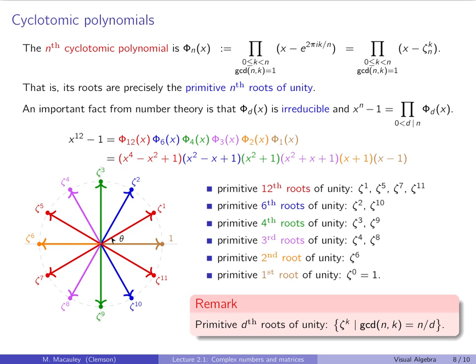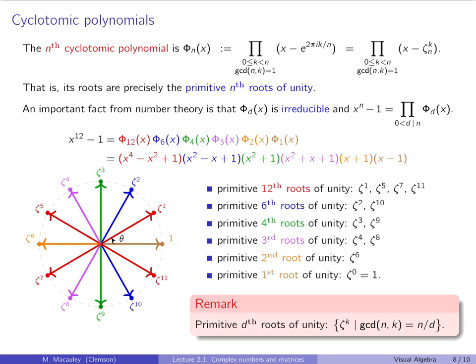So let's take x to the 12 minus 1. This number theory fact, which we're not going to prove here, but we will eventually near the end of the course, says that x to the 12 minus 1 is phi 12 of x times phi 6 of x times phi 4 of x times phi 3 of x times phi 2 of x times phi 1 of x.